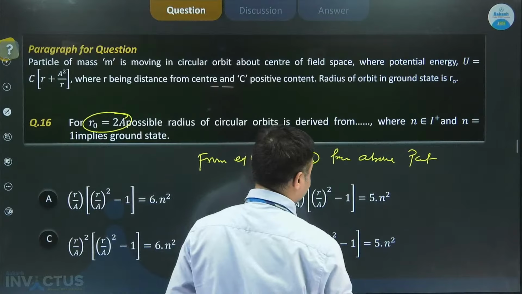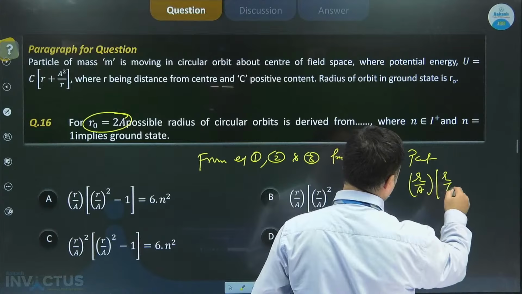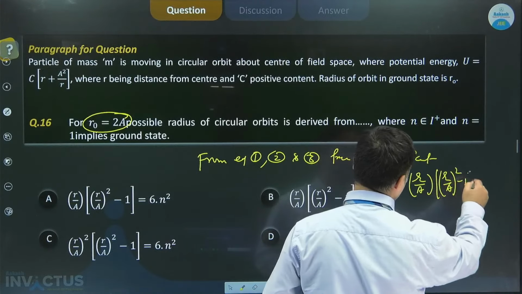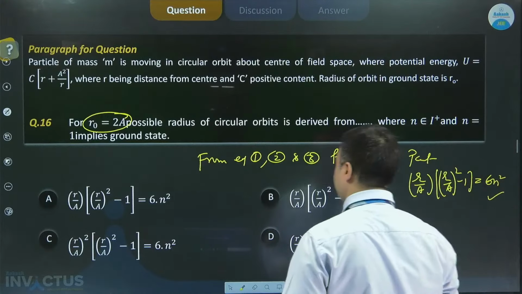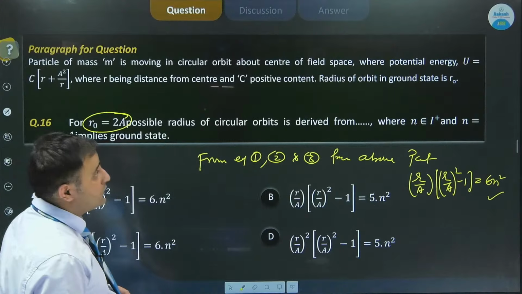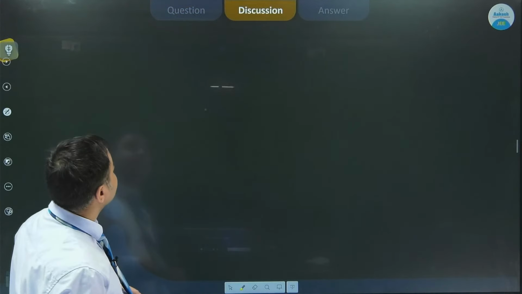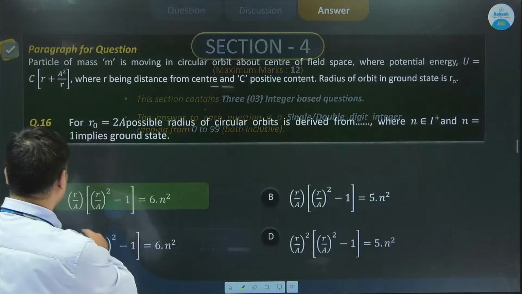From these we can find R by a square minus 1 as 6n square. So this should be the answer. Now let's move on to the next question.